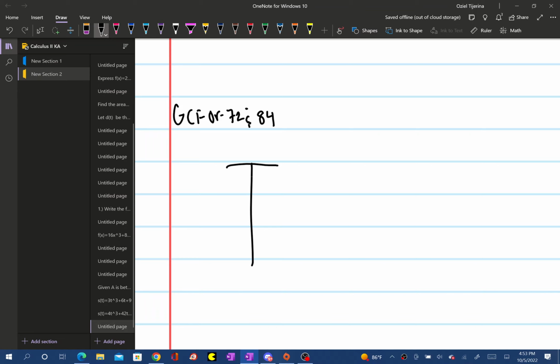GCF, so GCF is... I always forget. Actually no, it's not the T-chart. Well, it is, but it's not. So let's see here. So 72 and 84. Let's just do it like this.